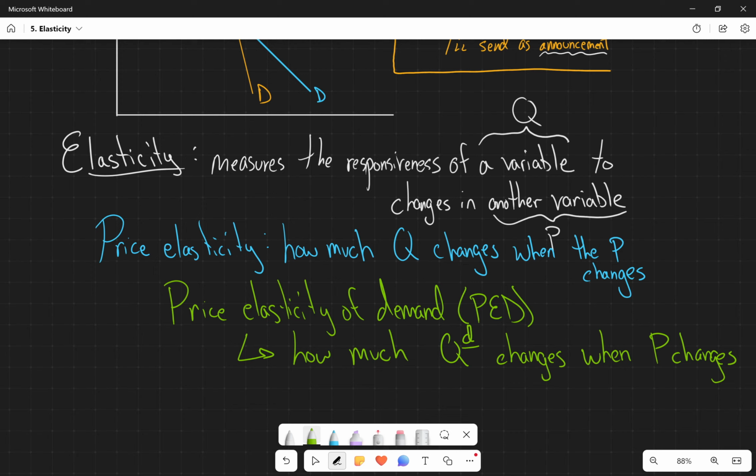Questions on the notion of elasticity, and then our sub-definitions of price elasticity and price elasticity of demand? Okay.